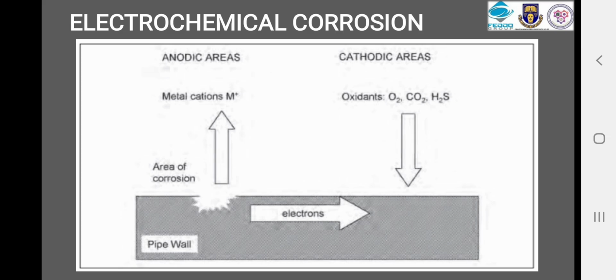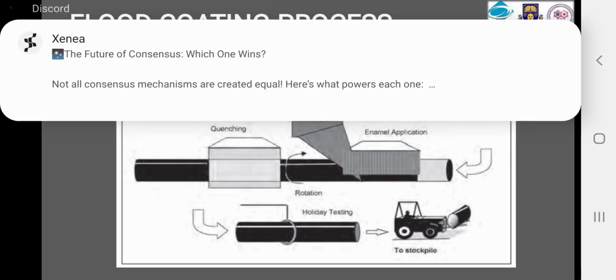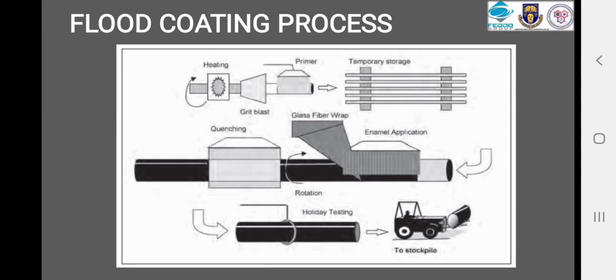We also look at this system of coating, where the pipeline is flooded with the coating materials. And how are they flooded? There's a bath or a container that contains the coating material.